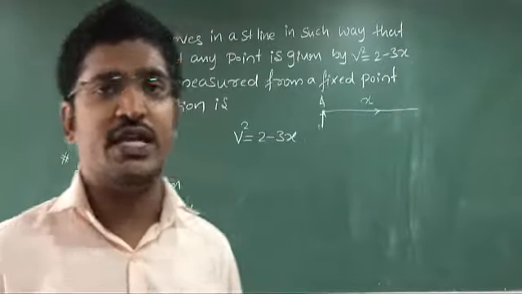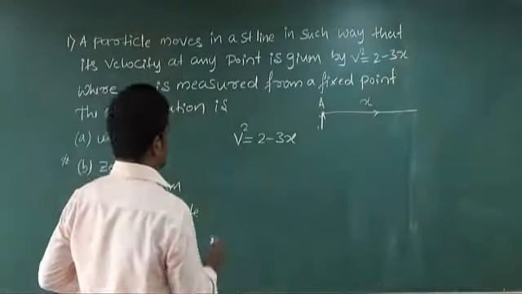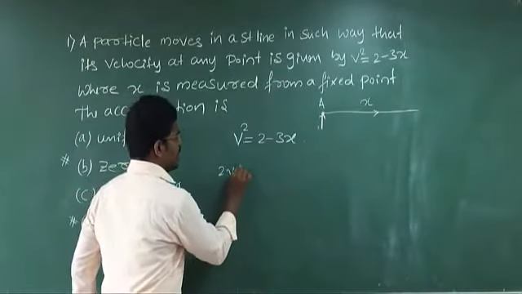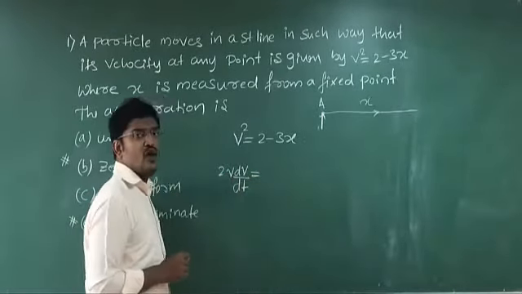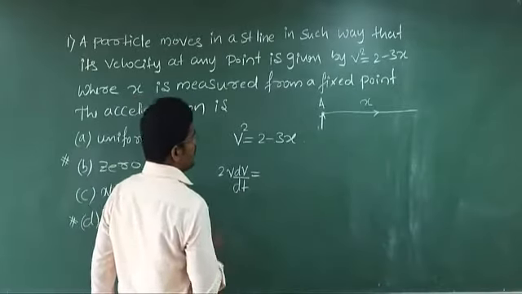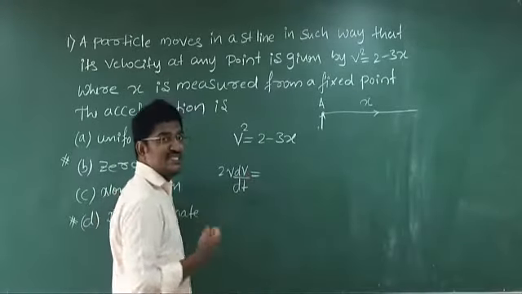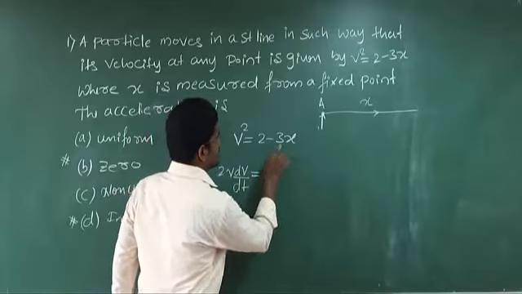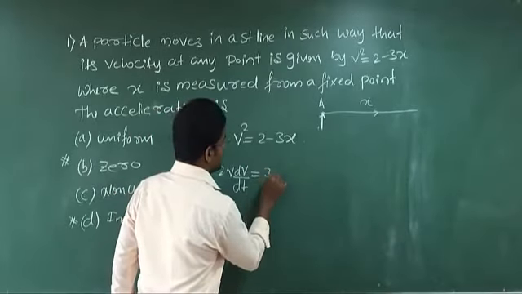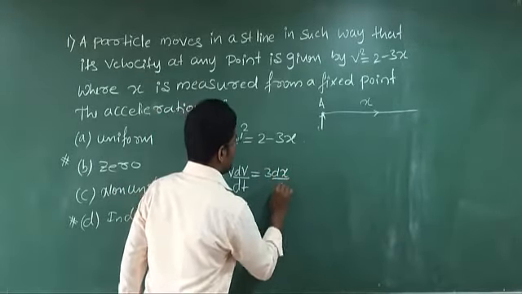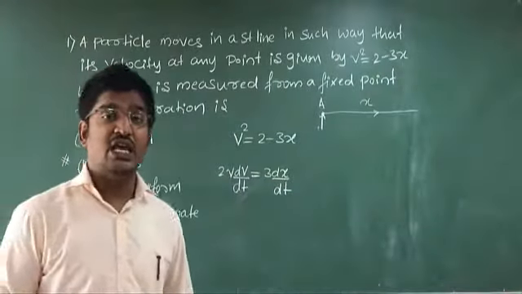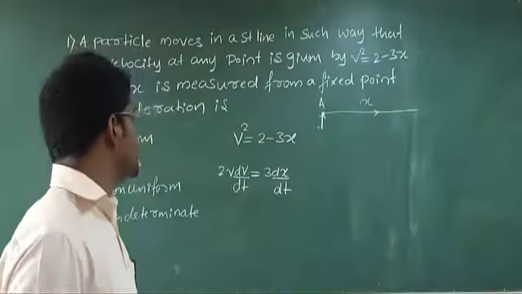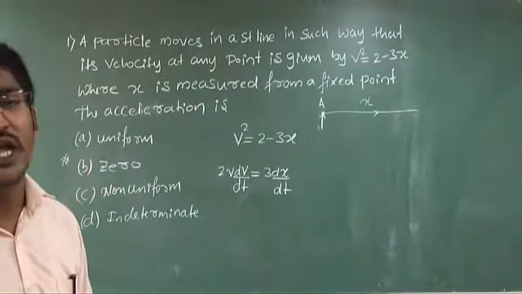So 2v dv by dt equals what? The derivative of 2 is 0. Next, differentiation of the other term is 3 into dx by dt. So 2v into dv by dt equals 3 into dx by dt.